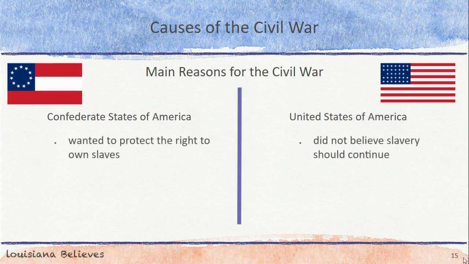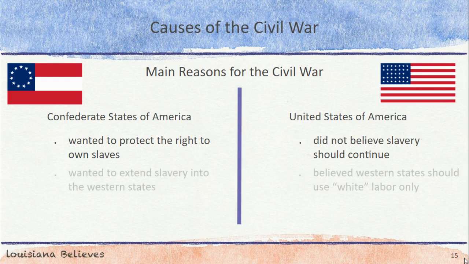There was one main reason the southern states decided to leave the United States, and it involved disagreement about slavery. We know that the Confederate States of America, located in the South, wanted to protect their rights to own slaves, while the northern United States of America did not want to continue the practice.